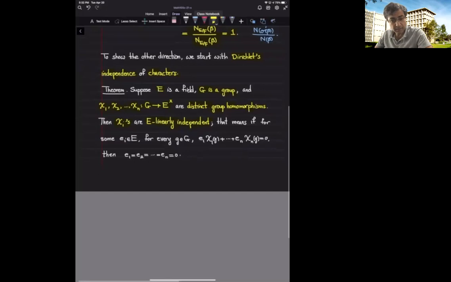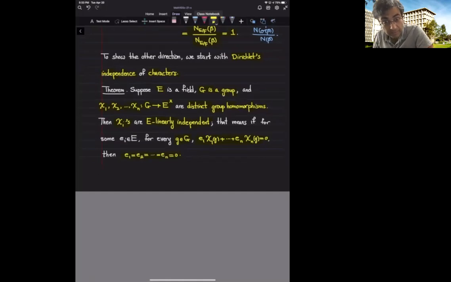When we say chi sub i's are E-linearly independent, we mean that if I give you an E linear combination of chi sub i's, which happens to give us the constant zero function, which means no matter what element of G I give you inside the group, this E linear combination ends up being zero, then the E linear combination should be the trivial one, meaning all the coefficients should be zero.